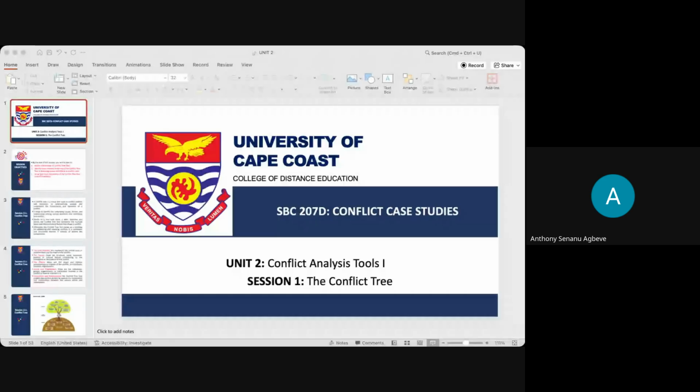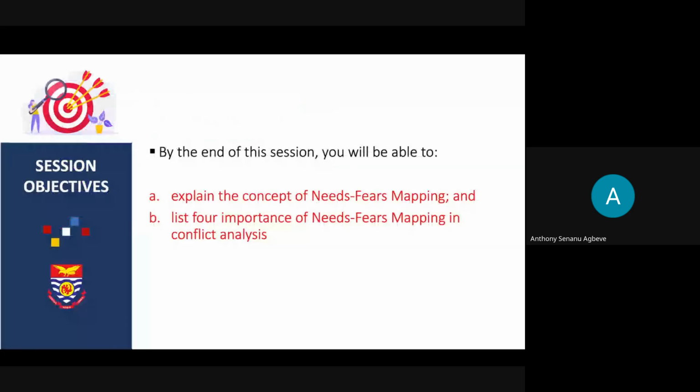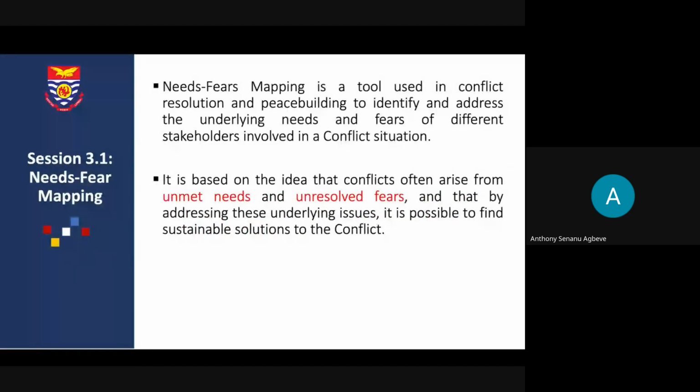Okay, so then we move to the third tool, which is the needs and fear mapping. The needs and fear mapping is also another tool that we may deploy in analyzing any conflict, right?